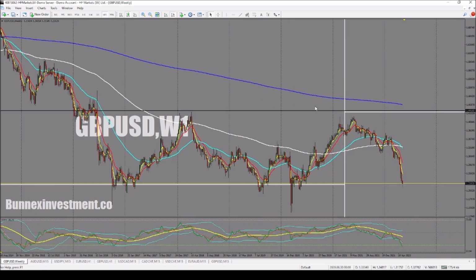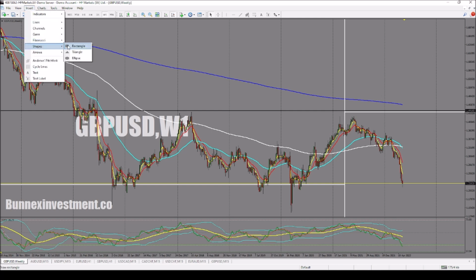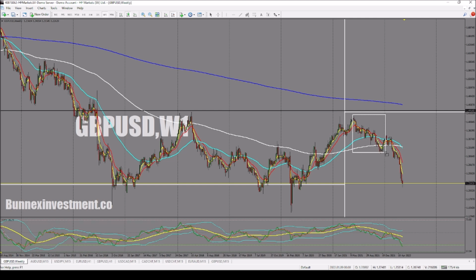On the weekly time frame, what can we see? We can see that from this point that we have termed the datum on the higher time frame, which is the monthly time frame, we have two impulses that have been issued, this being the first one and this being the second one.